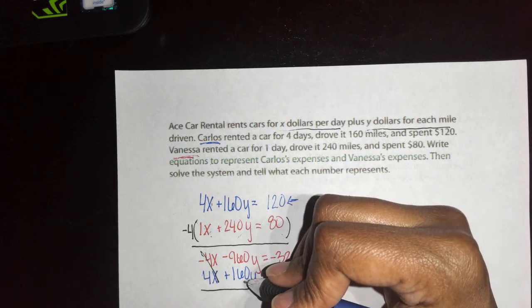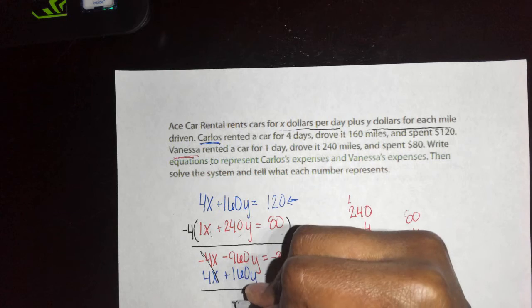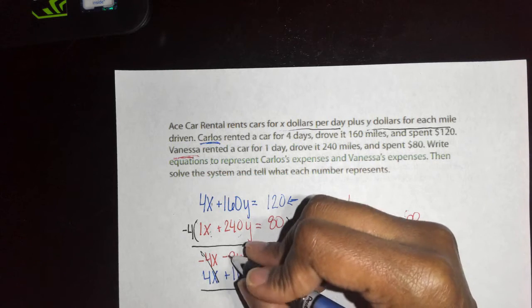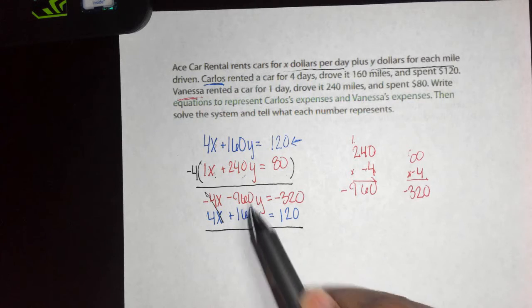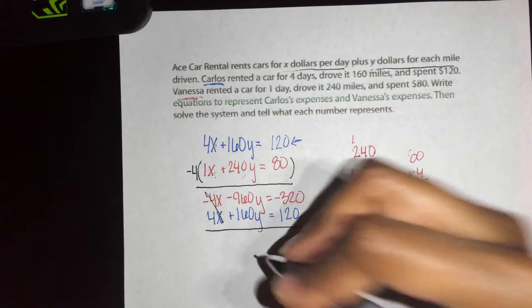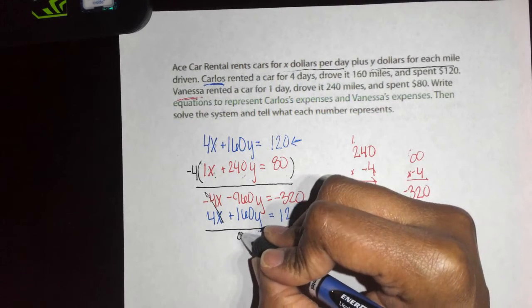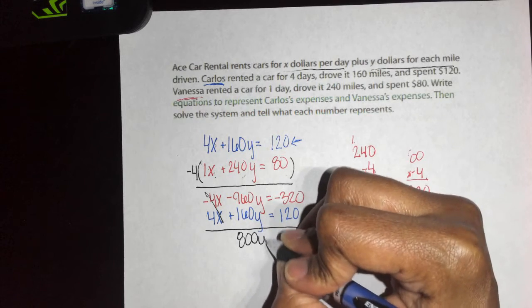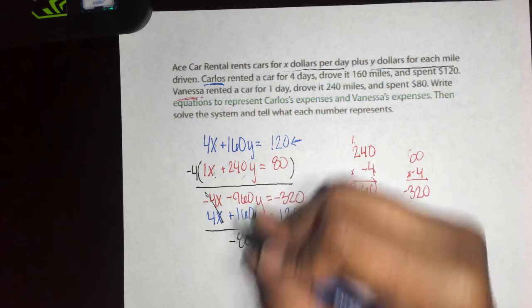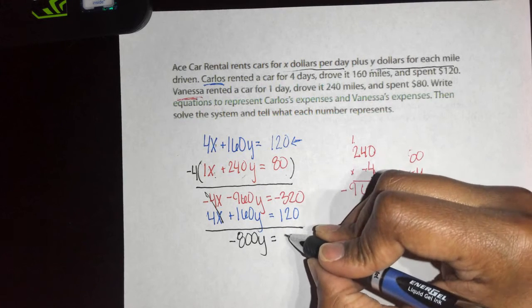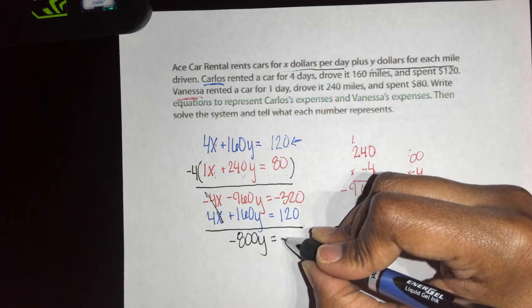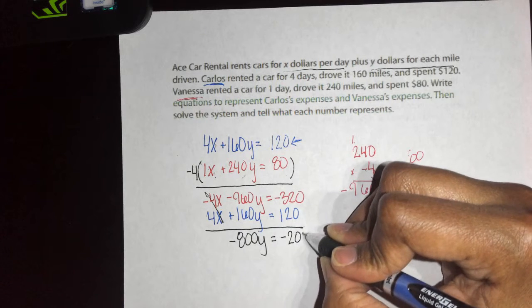Negative 960 plus 160, I've got different signs, so I'm going to subtract. 960 minus 160 leaves me with 800y, and I keep the sign of the larger number. Then that's equal to negative 320 plus 120, which is negative 200.